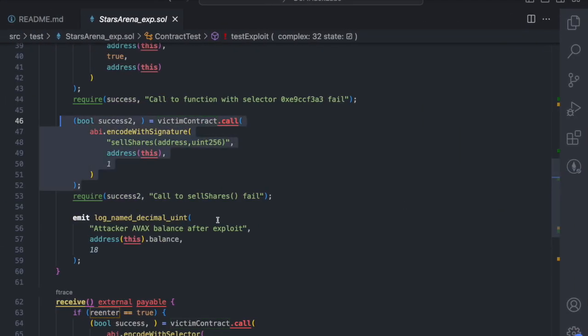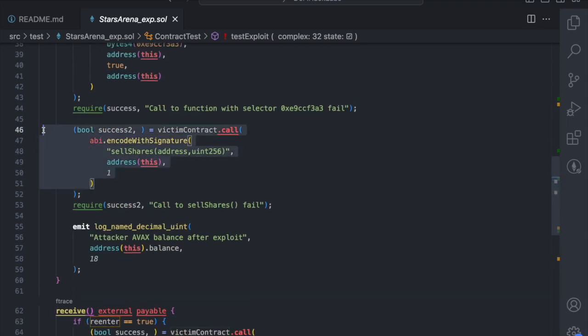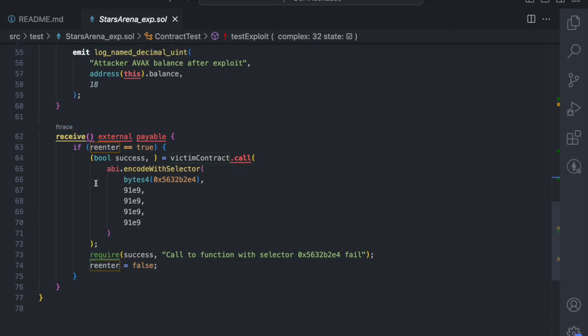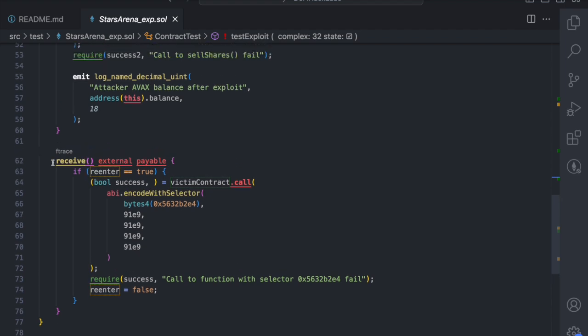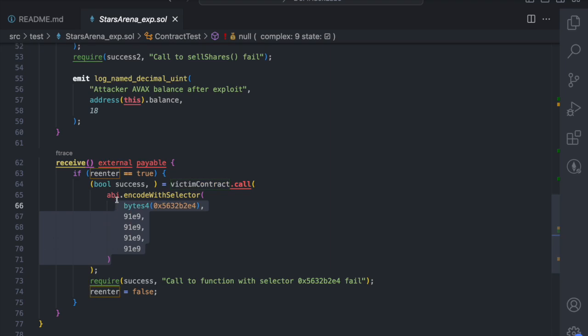So let's go back. Funds are somehow being sent. I'm assuming when we sell shares, once we sell those shares, we receive this value of some sort, and because of this logic, once we receive funds, we re-enter into the Stars Arena contract, which allows us to then further extract some more money.